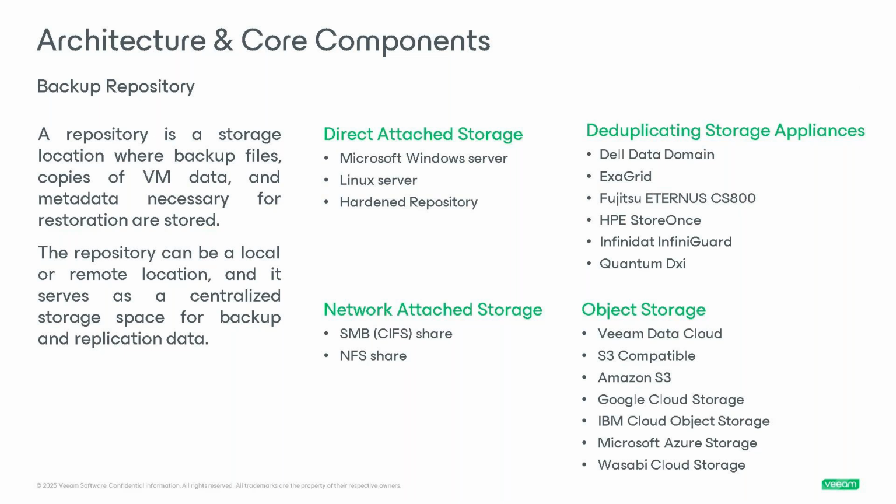Those are all different options and fit into the 3-2-1-1-0 rule, because you do want to have 3 copies of your data on 2 different media, one of them offsite, one of them air gapped or immutable, and 0 errors with some sort of testing. A lot of times you're trying to pick and choose with what you do have, and there are always new things being added. There are various ways you can integrate with immutability, and we'll discuss that in a bit. But those are the different types of repositories.